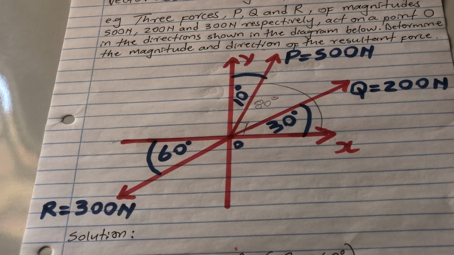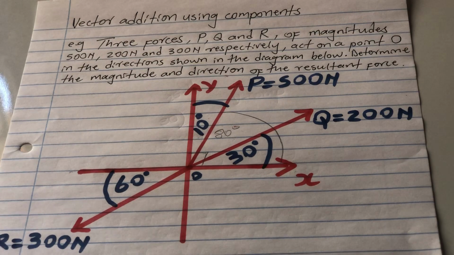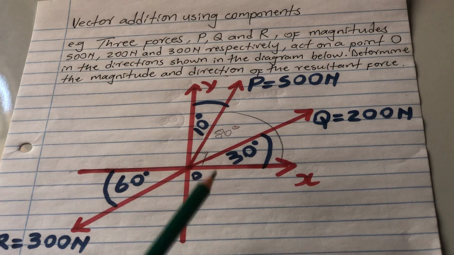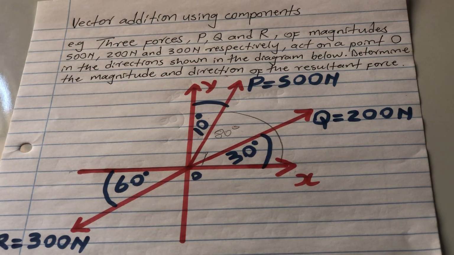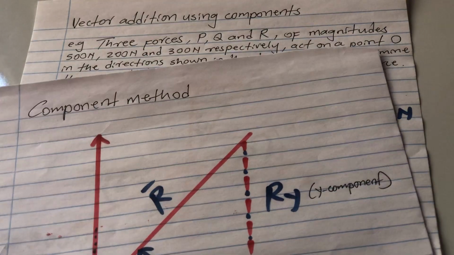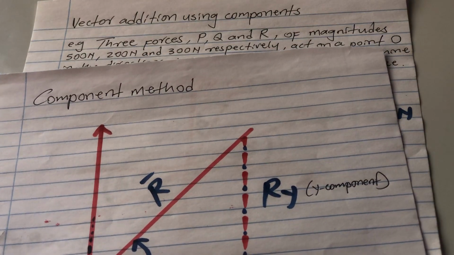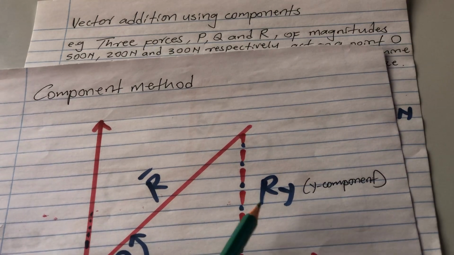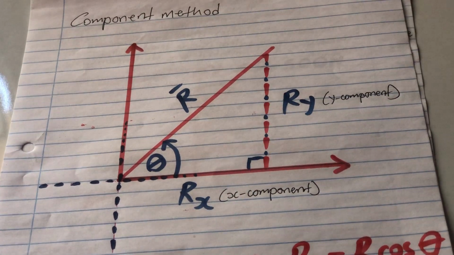So the problem now is that we are given 3 vectors. Unlike here, where one can say we have the R component, Rx component, and Ry component only.